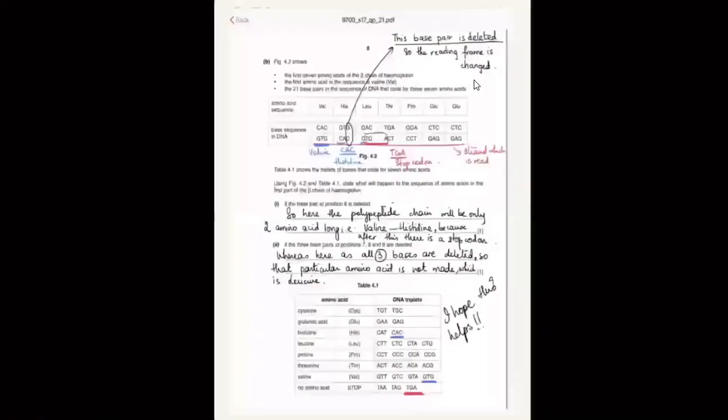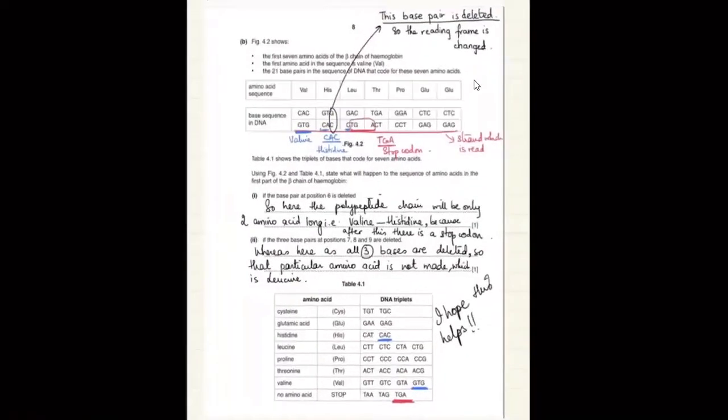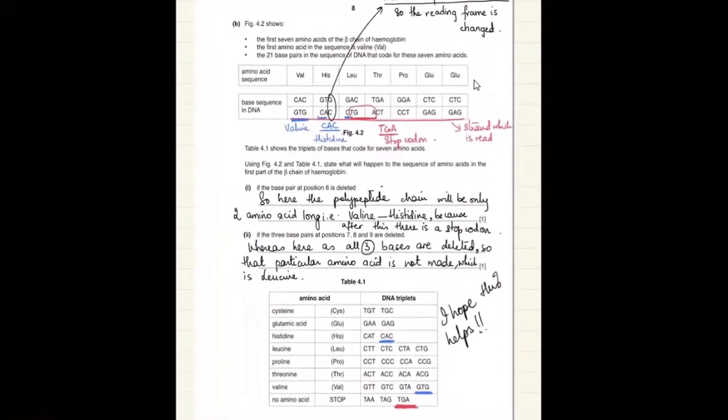Okay. Let me show you this. Look at the way I've solved it and also look at the table. Let's look at the first DNA code. The first DNA code is GTG. Okay? We look at GTG here.